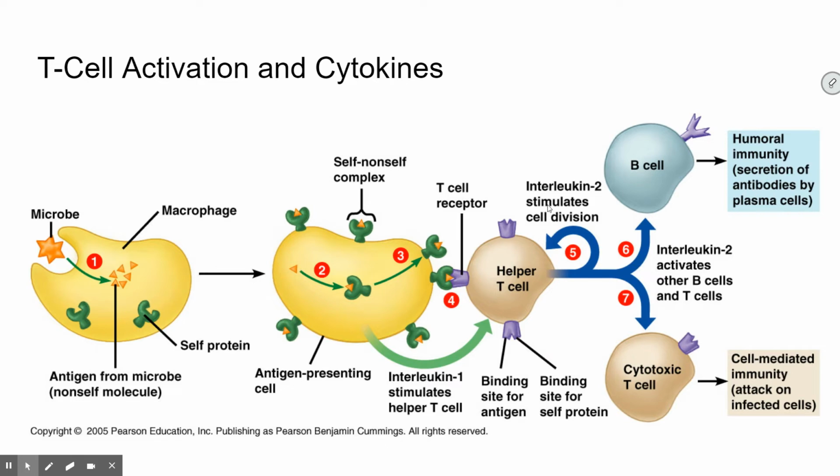Interleukin 2 is released by the helper T cell, and it basically activates itself. It is a chemical that causes its own cell to do something. Remember, we talked about those autocrine responses in the endocrine system. And then interleukin 2 also stimulates B cells and other T cells to be activated and go do the thing. The B cells go out and produce the antibodies. These other cytotoxic T cells, we'll talk about what they do in just a moment.